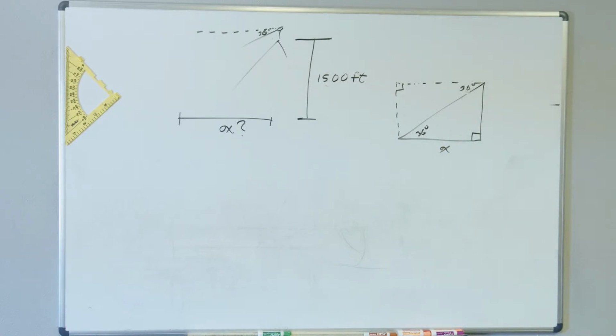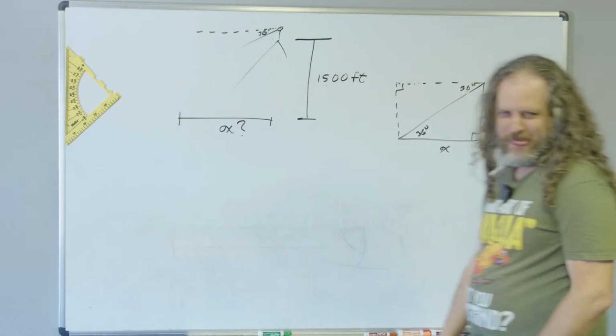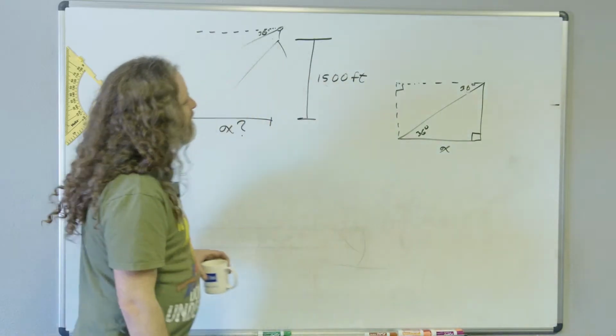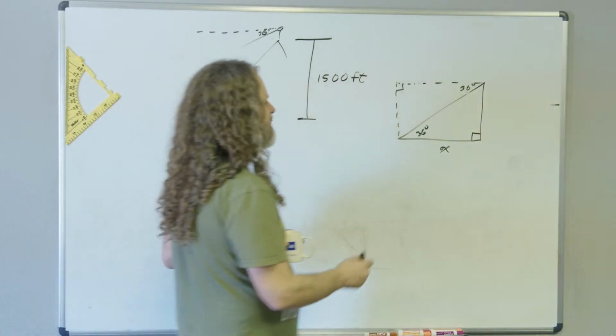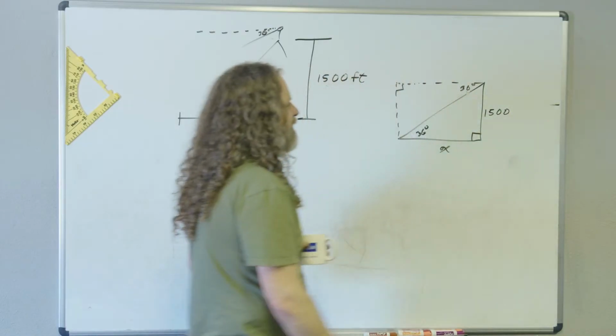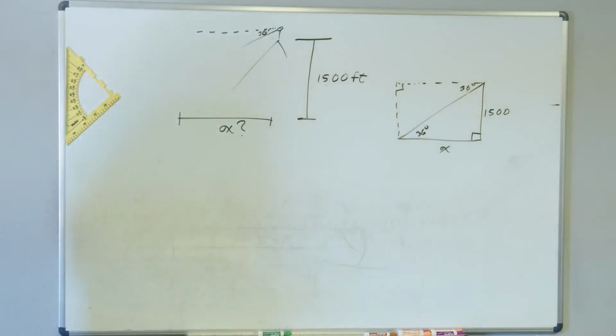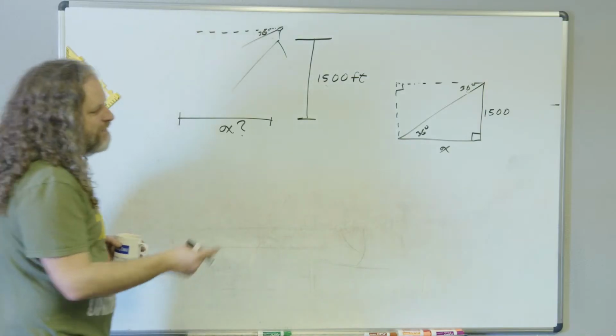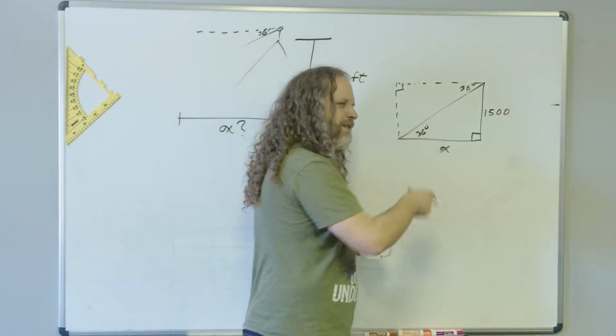I was thinking that was the inside angle. Okay, great. And then the other one's 54, you just need the complement. We don't need any of that, but I like it. That makes me happy. All right, tangent of 36 equals 1500 over x, and then solve.